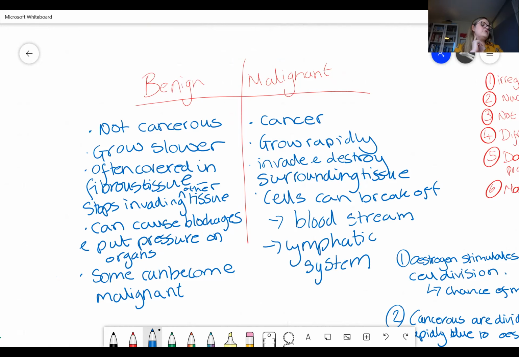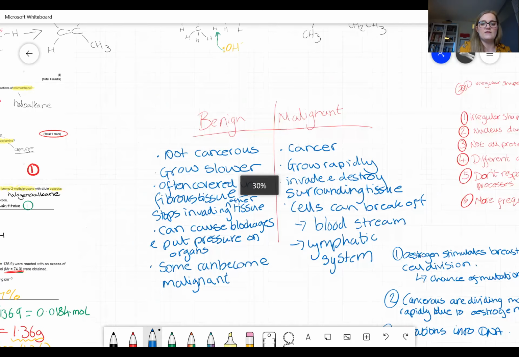We also looked at 2 different things called tumour suppressor genes and proto-oncogenes. Tumour suppressor genes are genes that suppress tumours from forming, and basically when they function normally, these tumour suppressor genes slow cell division, whereas a proto-oncogene stimulates cell division.